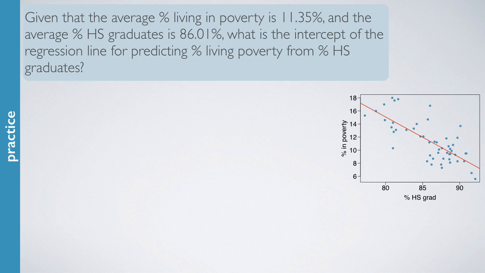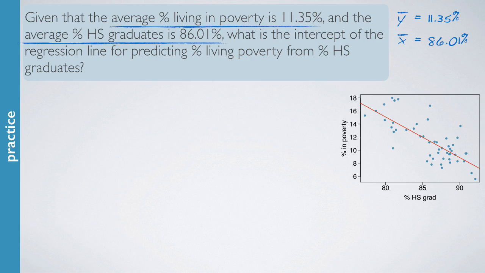Let's see how we can do that. Given that the average percentage living in poverty is 11.35% and the average percentage of high school graduates is 86.01%, what is the intercept of the regression line for predicting percentage living in poverty from percentage of high school graduates? One value that's given to us is the average value of the response variable, that's 11.35%. Another value that's given to us is the average value of the explanatory variable, 86.01%.